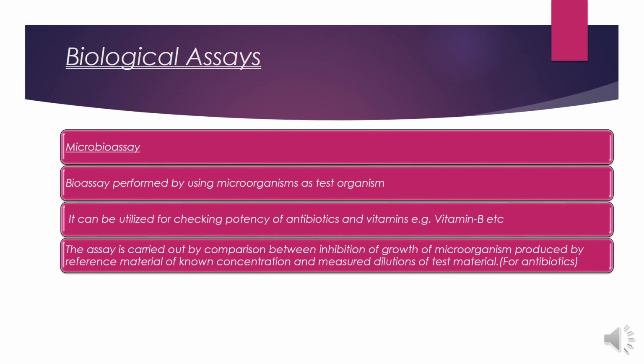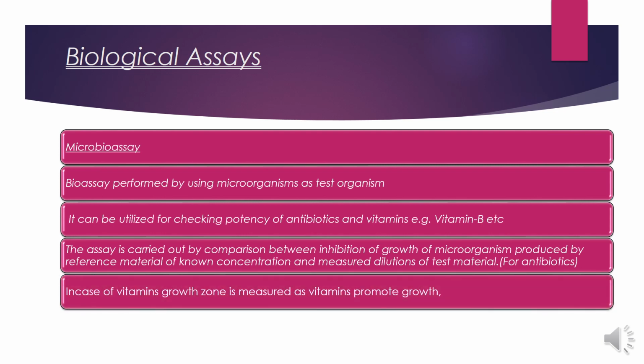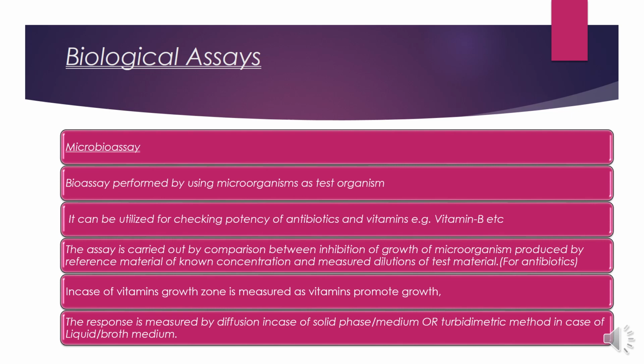That's for the antibiotics. Whereas if you want to know the same thing about vitamins, it would be growth zones. So in case of antibiotic, zone of inhibition of growth is checked, whereas in case of vitamins, growth promotion zones are checked, compared and measured.